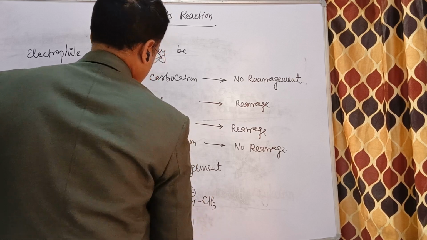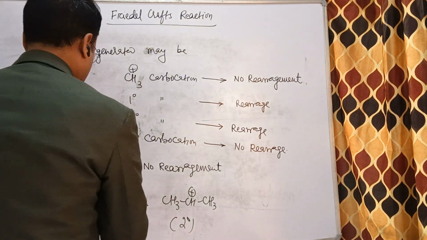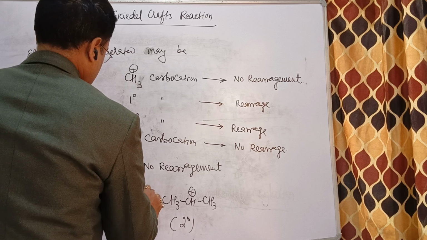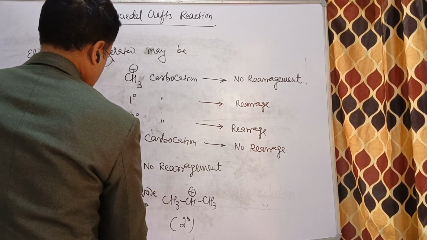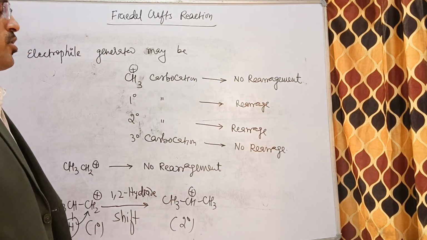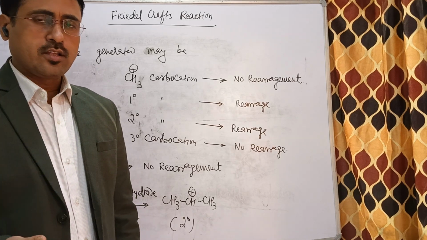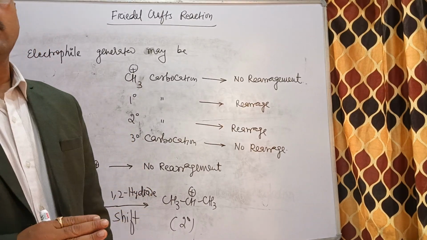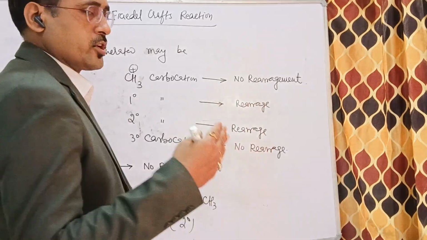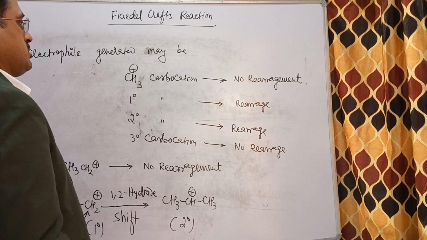This is known as a 1,2 hydride shift, and generates the more stable carbocation. In this way, we can also rearrange into 3 degree, depending on the possibility of the carbocation generated. It may be rearranged into 2 degree or 3 degree, depending on the situation.